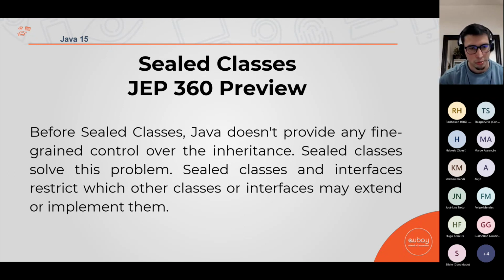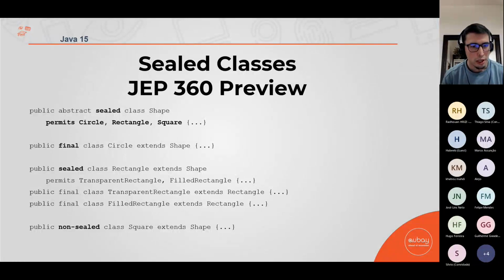I will show you an example. Here, for example, we have this public abstract sealed class Shape. And then we have the permits: we permit Circle, Rectangle, and Square. What does this mean? This means that Circle, Rectangle, and Square must be final, sealed, or non-sealed classes.